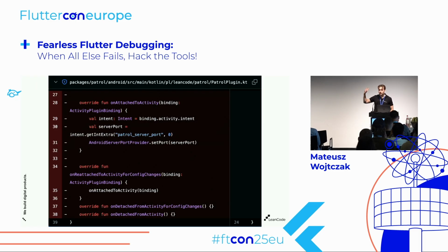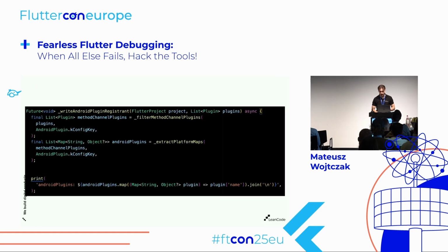So when we started the Patrol server, you started Patrol testing, we got attached to the activity, and we ran some code that was initialization logic. So we thought, okay, it means that this code is not executed. Why is this code not executed? It should be, because it's in PatrolPlugin. So we added a lot of prints in PatrolPlugin. None of these prints were actually hit. We didn't see anything. We didn't know what was actually happening.